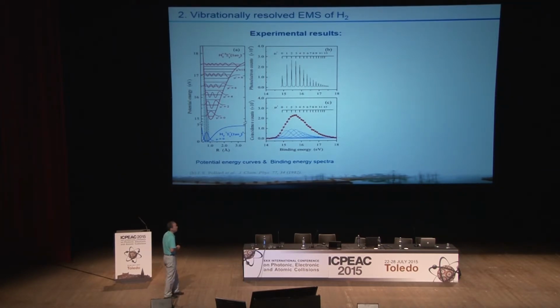This picture shows the binding energy spectra measured by EMS. Although the resolution of the EMS spectrometer is not good enough to resolve the vibrational states, the Franck-Condon profile shows remarkable asymmetry.